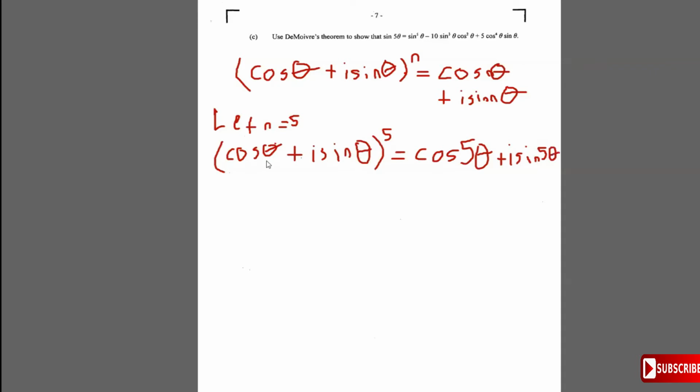Now all we need to do is expand this left hand side, and we would have learned Pascal's triangle, its first term to the 5th. So this is going to work out to be cos to the 5th theta. You have to remember Pascal's triangle, it is 1, 5, 10, 10, 5, 1. So it's cos to the 5th plus 5 cos to the 4 theta times I sine theta.